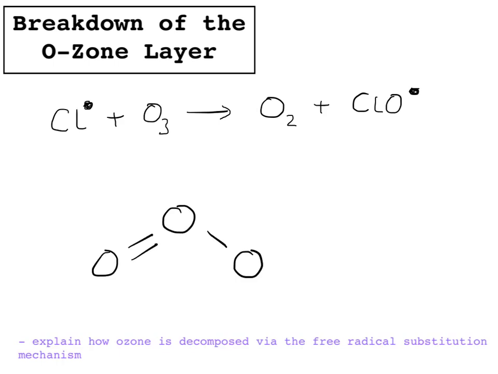It has a double bond between two of the oxygens, but a single bond between the other two, and this bond is very weak. It's this bond that absorbs the UV light that the ozone layer absorbs to protect us. But that bond, because it's very weak, will also break when the chlorine free radical reacts with it.